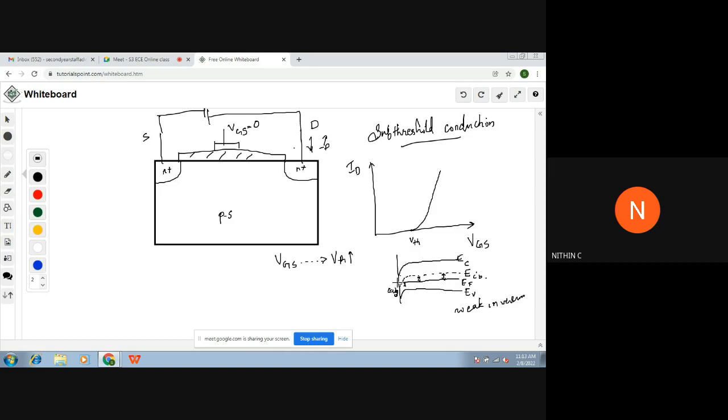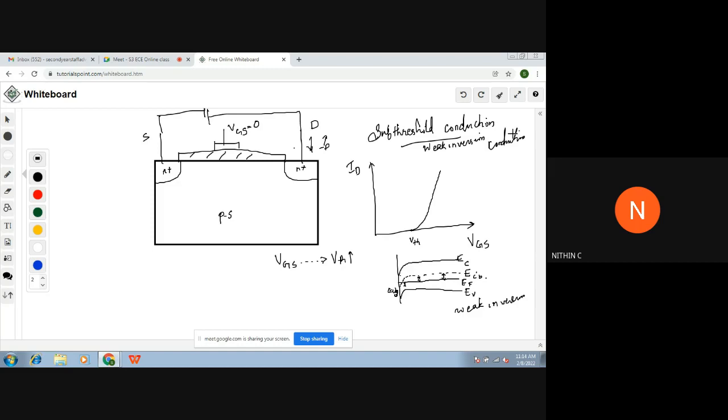അങ്ങനെ ഈ inversion mode of operation, that is if you are having a current flow at this inversion mode of operation, not strong inversion. Strong inversion mode of operation, obviously you will be having a current flow, you will be having the drain current. But in this mode of operation also, in this region of operation also, you will be having a current. അതിനാണ് നമ്മൾ sub-threshold conduction, അല്ലെങ്കിൽ we will call this as weak inversion conduction also.